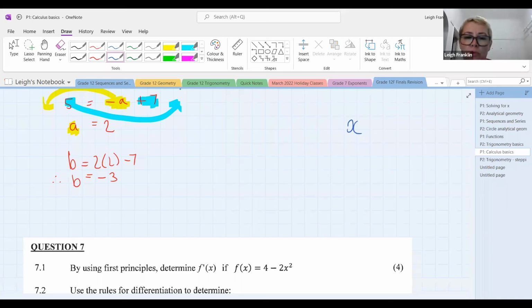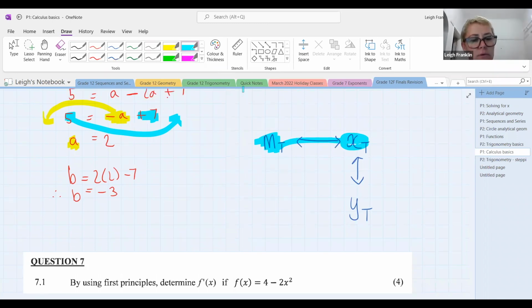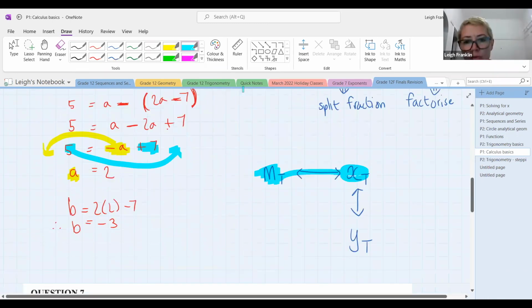If they give you the x coordinate at the point of tangency, that really is the key to everything. If they give you the x coordinate, then you can work out what the gradient is, or you can sub back into the original equation and work out what the y is. But if they give you the gradient, you have to work backwards from the gradient to the x coordinate, and only then can you get the y.